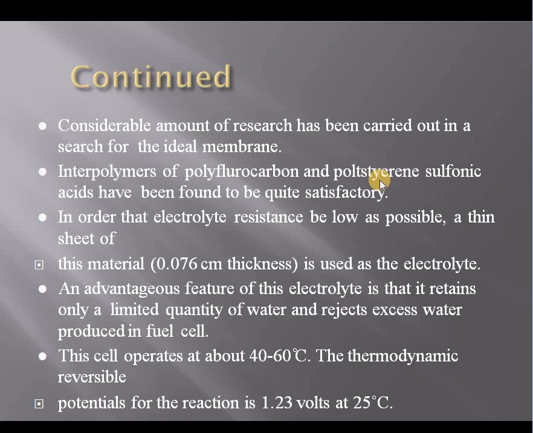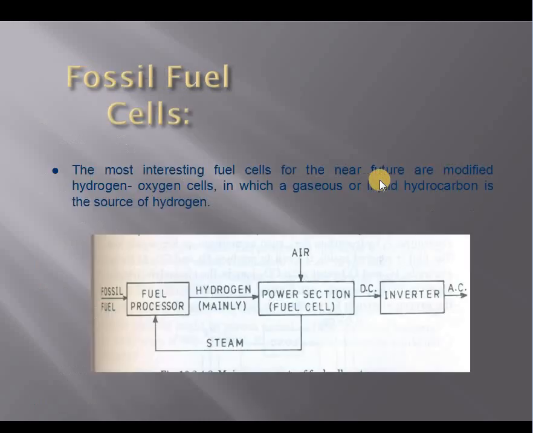In order for the electrolyte resistance to be low, a thin sheet of material, that is 0.076, is to be used, and these cells may operate at a temperature of 40 to 60 degrees, and they are thermodynamically reversible. The potential for the reaction is 1.23 volts at 25 degrees Celsius.